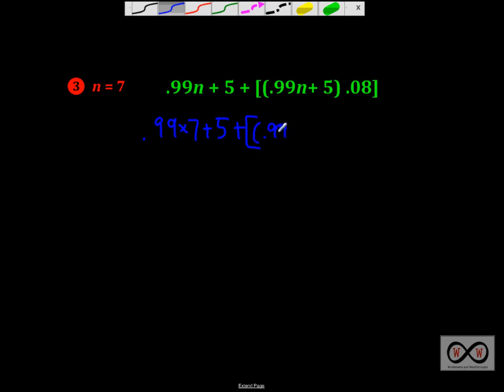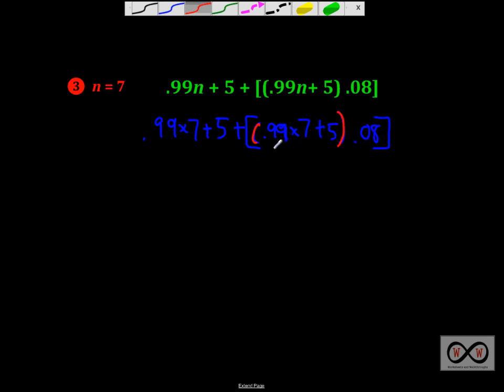So 99 times 7 plus 5 again, multiplied by 8 hundredths, or our tax. So let's figure out what the price of the apps and gift card would be first.